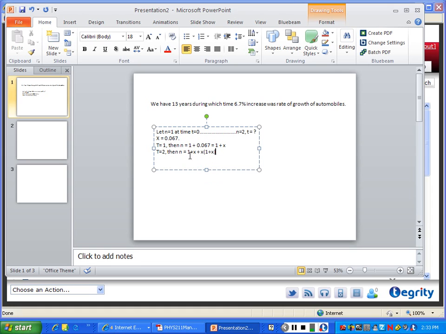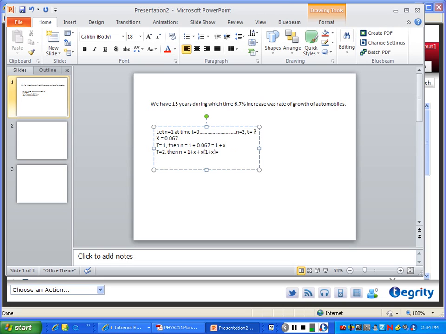So the first part of this term, if I highlight the first part, 1 plus x is what we started the second year with. And then at the end of the second year, that starting value 1 plus x was increased by the percentage x. Well, notice what you have there. You have 1 plus x, which you can factor out, which leaves you, again, 1 plus x.